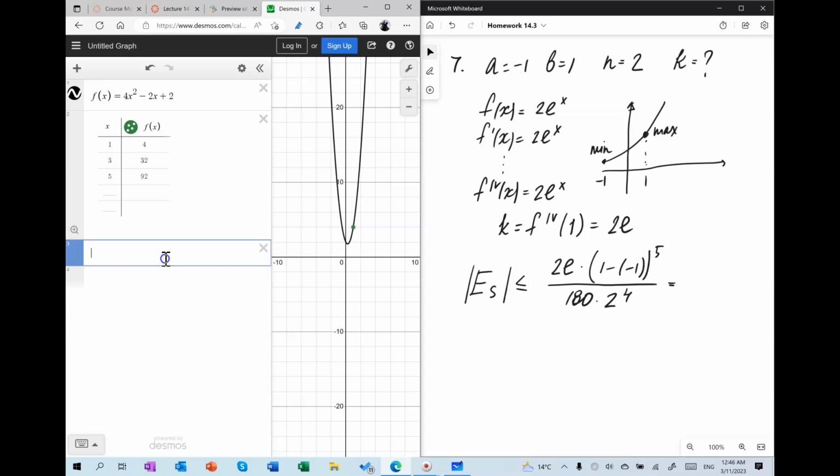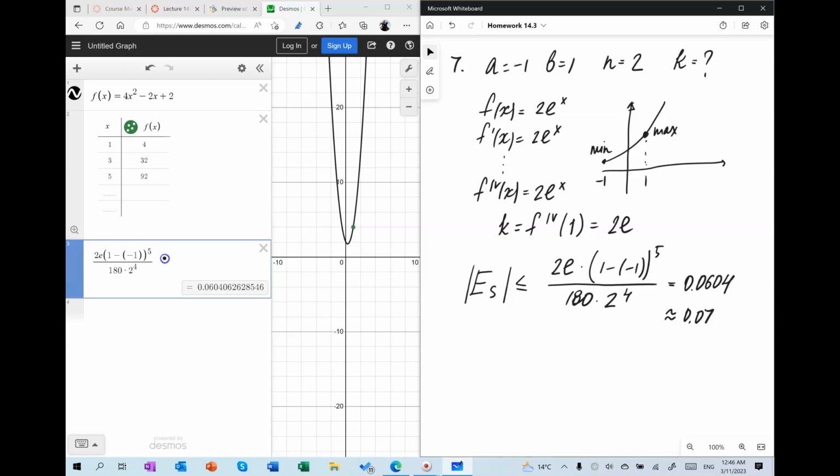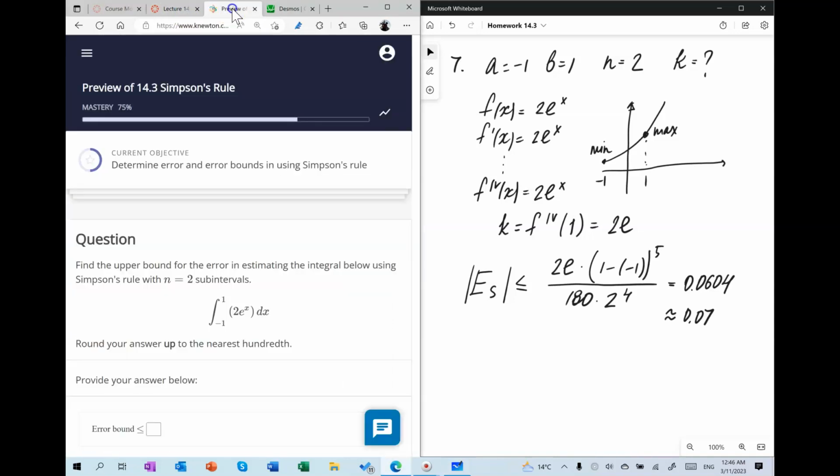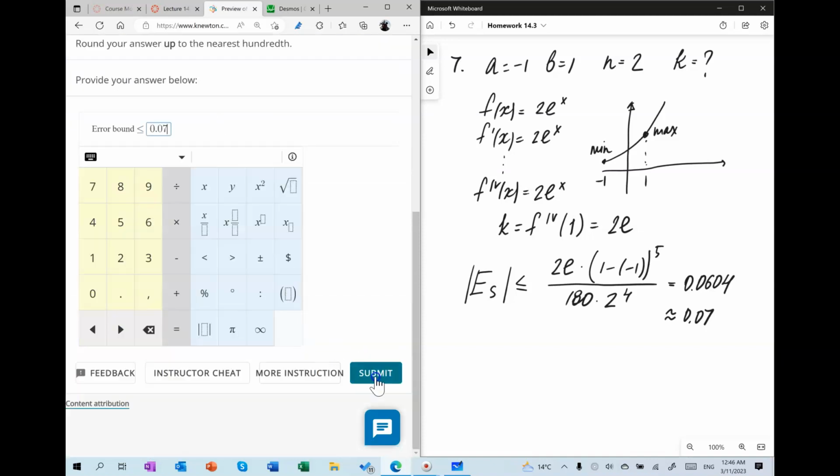And let's go plug it in. And we are asked to round up to the nearest hundredth. So the answer is going to be 0.07.